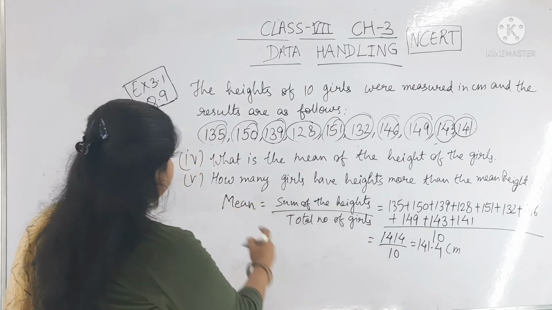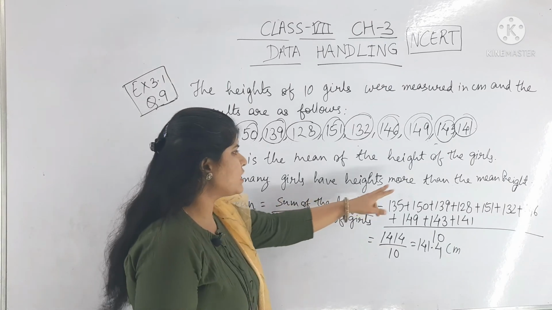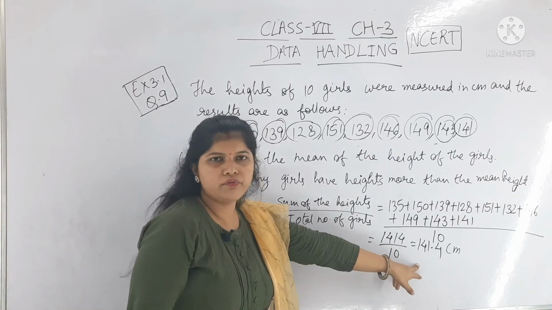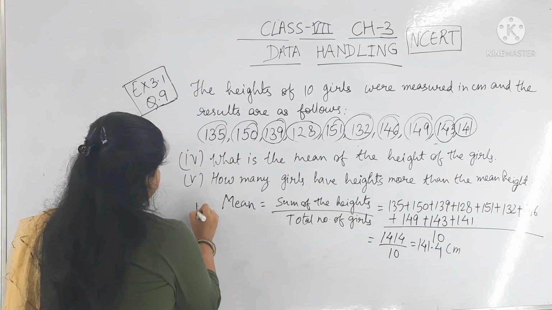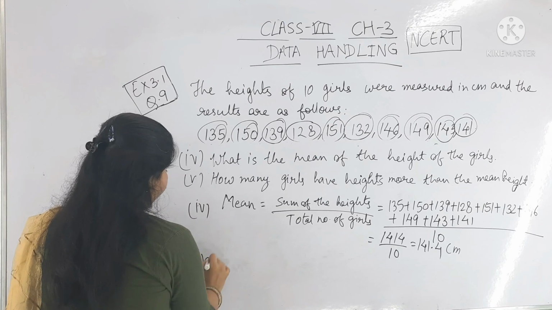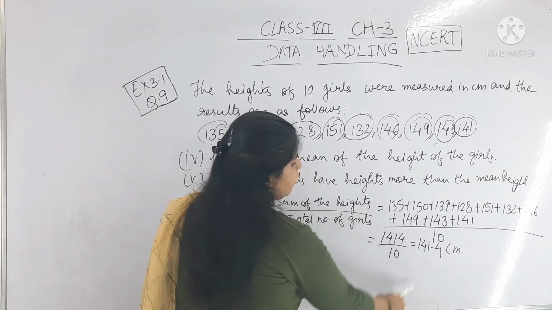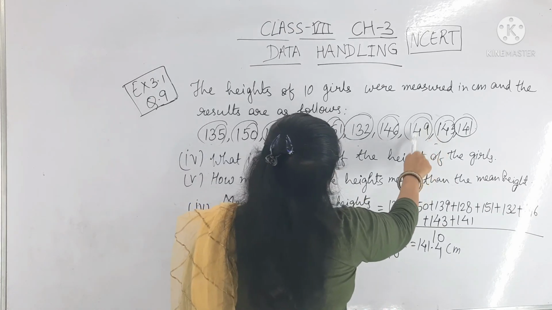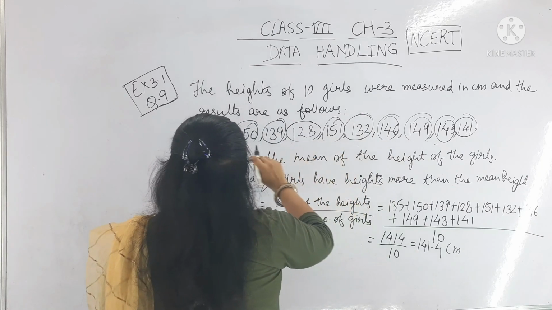Okay. Now the last part is the fifth part. How many girls have heights more than the mean height? So we know that the mean height is 141.4. This is the fourth part. In the fifth part, you have to see which number is greater than 141.4. Here you can see 1, 2, 3, okay, 4 and 5.